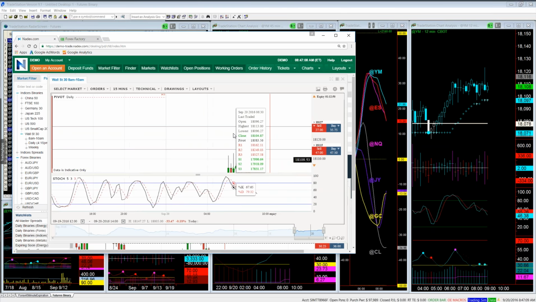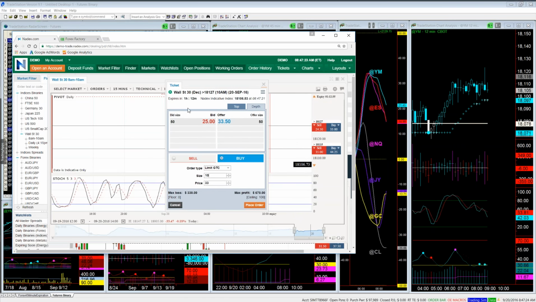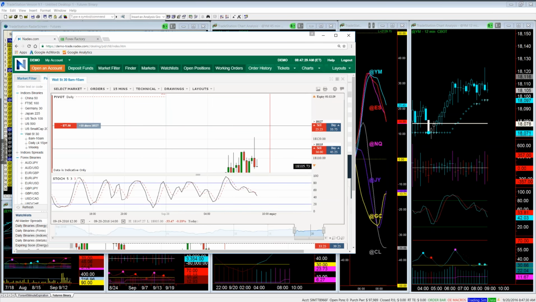It was going to have to be volatile because it's going to have to move up 27 points. In this case, you're going to be risking $35 basically for 10 a.m. expiration. Actually, we can get it for $33.50.